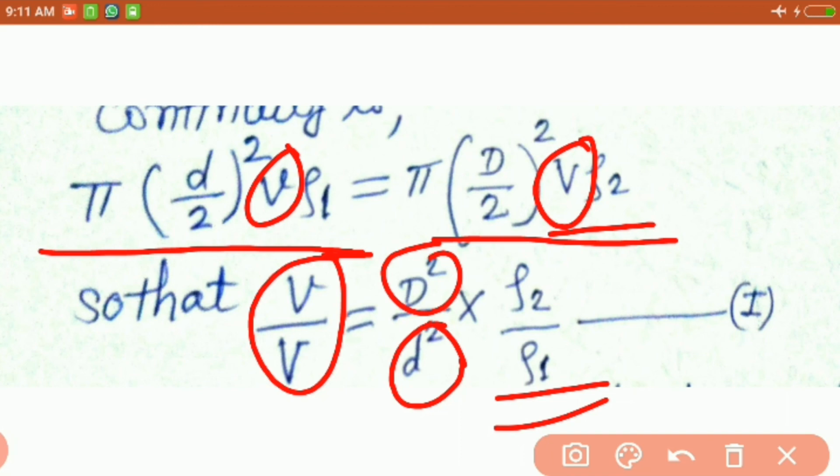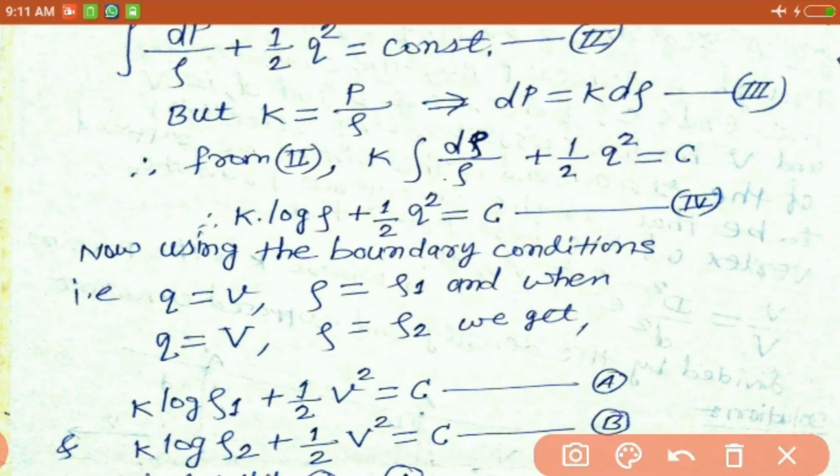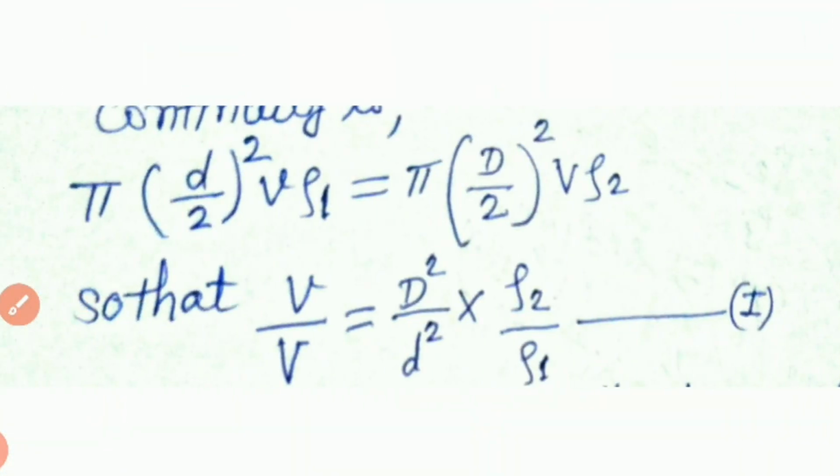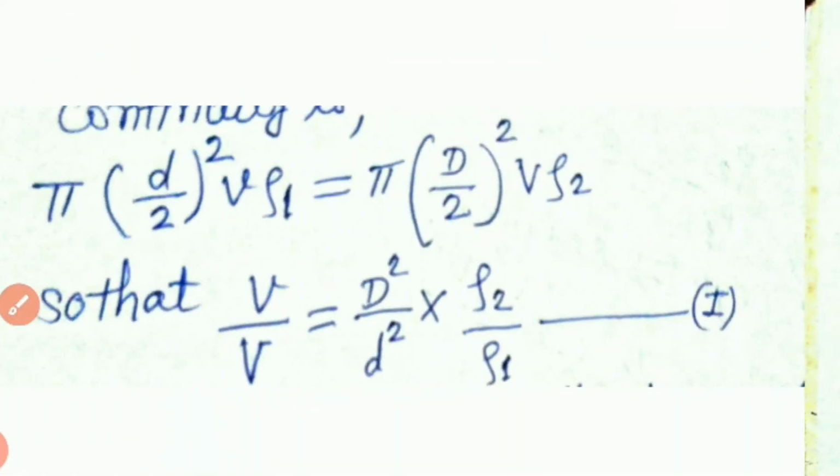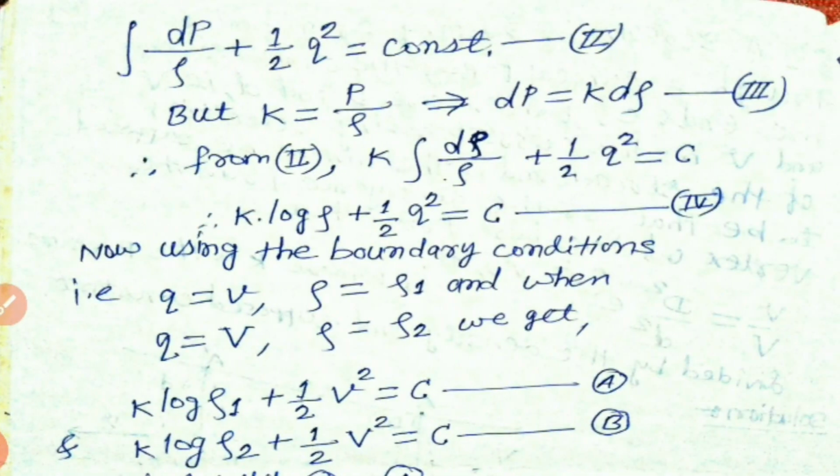So by Bernoulli's theorem, in absence of external force like gravity, we have this equation second: integration dp by rho plus 1 by 2 q square is constant.